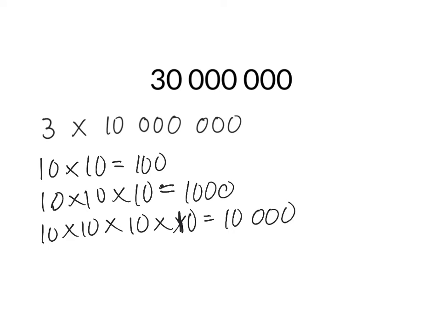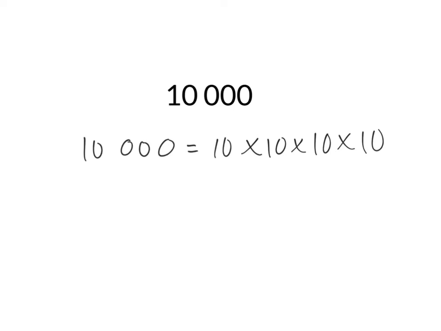And you've probably had some experience with multiplying by tens already, so that you know that when you're multiplying by tens, you can count the number of tens, and that's going to be equal to the number of zeros. What you may not have seen before is that there's a way to represent that. When we've got 10,000, we can represent it as 10 times 10 times 10 times 10. But there's a faster way and an easier way to represent this.